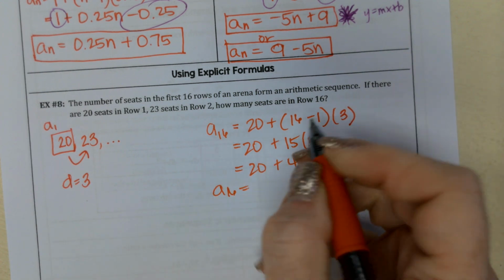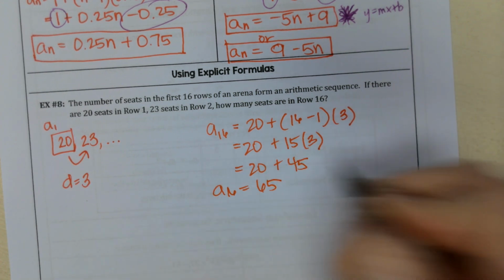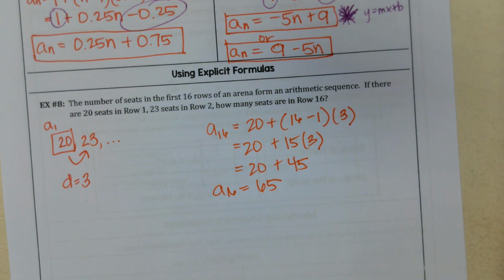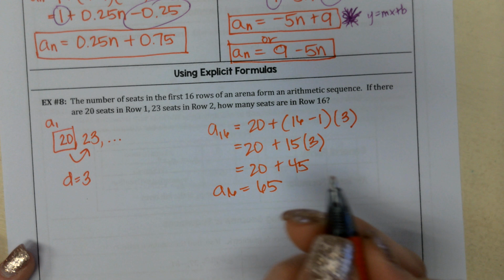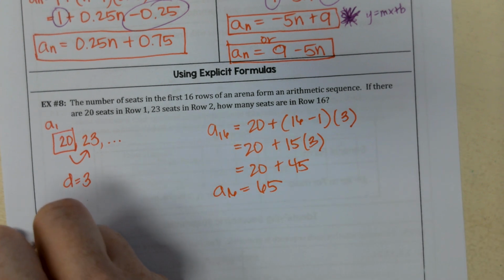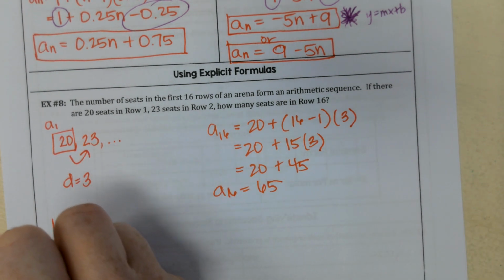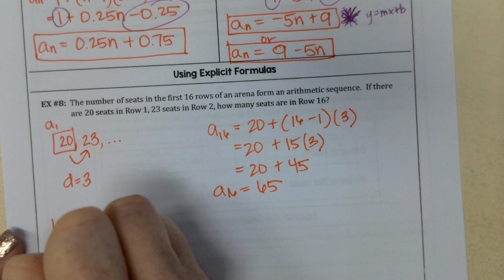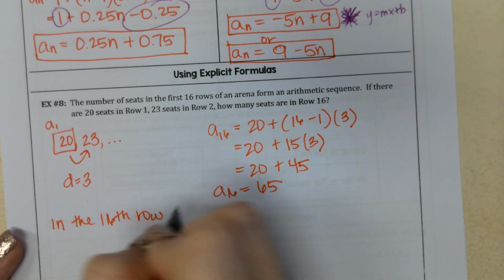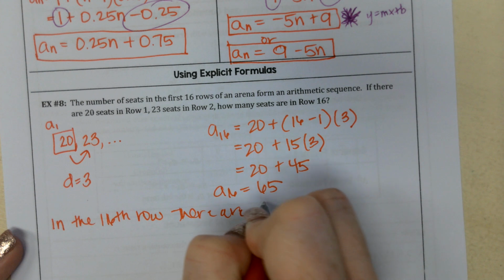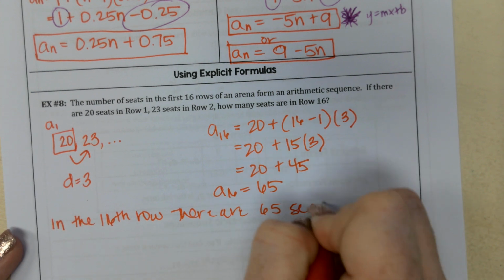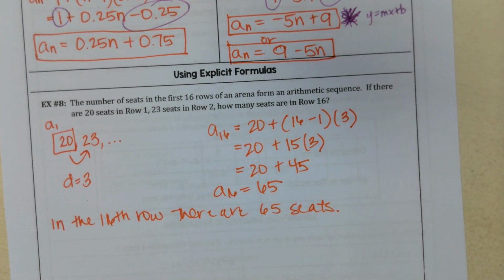So I'm going to say a16 is 65. Because this is a situational problem, like a real-world problem, I'm going to write my answer. I'm going to say in the 16th row, there are 65 seats. Okay?